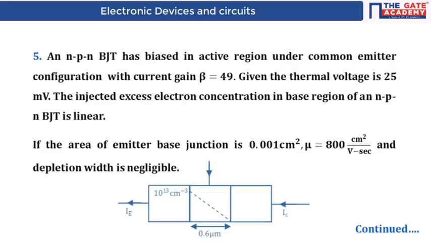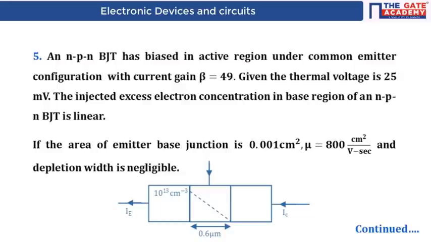The area of the emitter base junction is 0.001 centimeter square, so the area of cross section has been given here. The mobility is given to be 800 centimeter square per volt second.